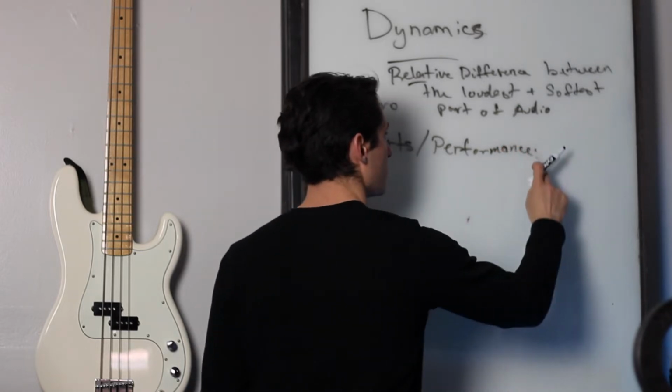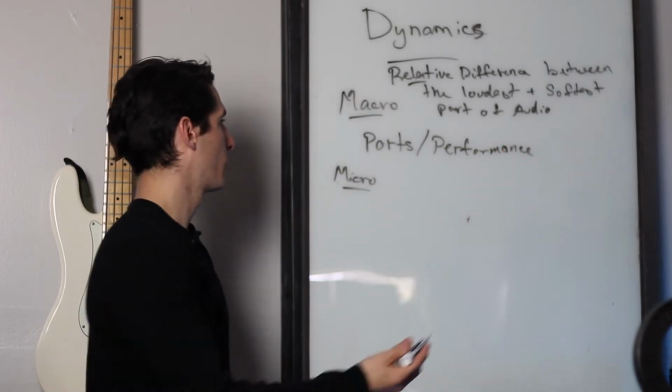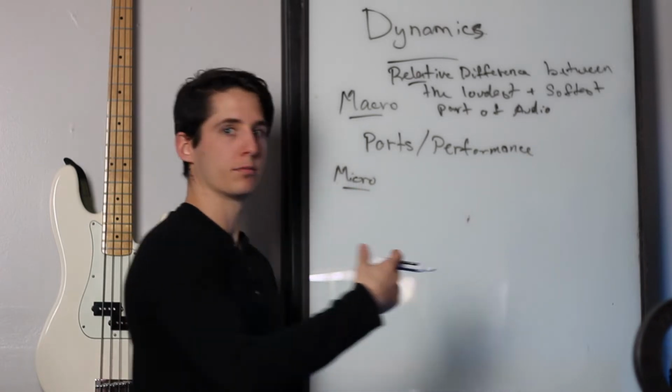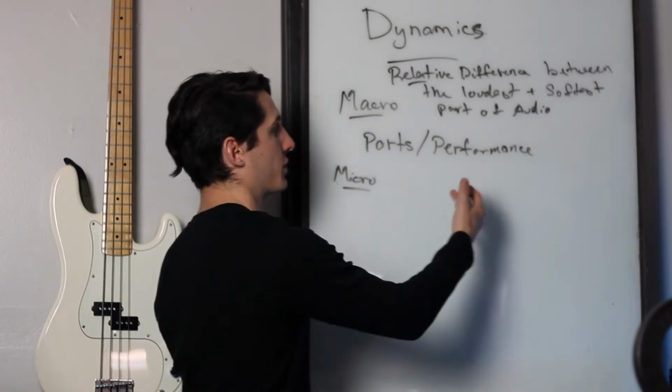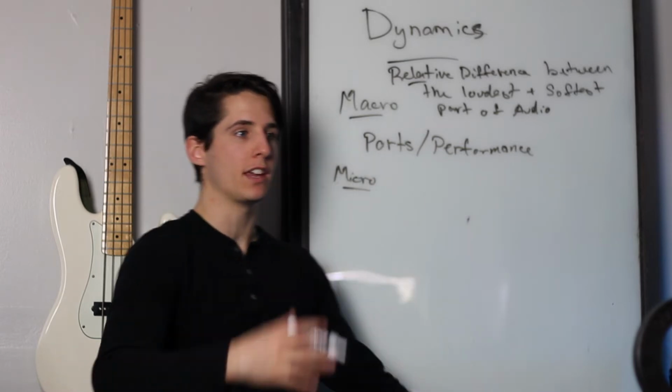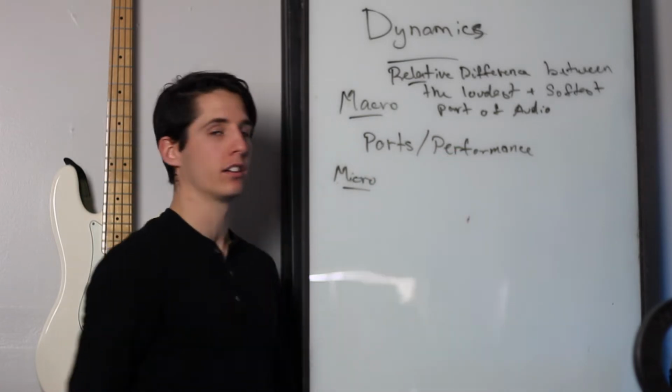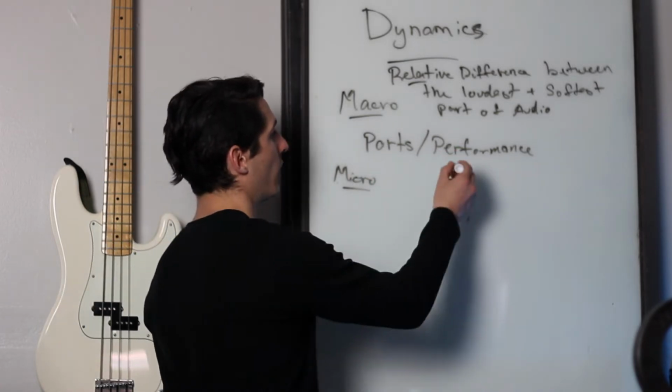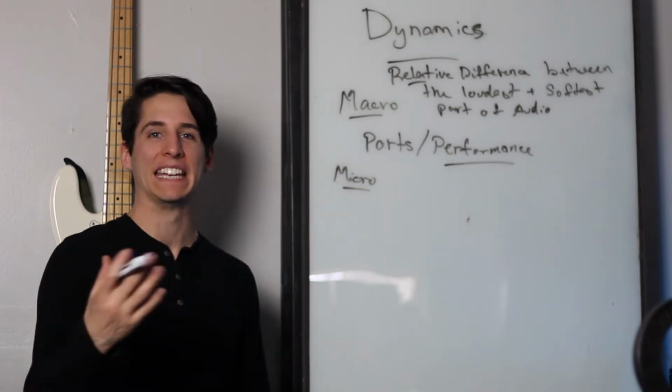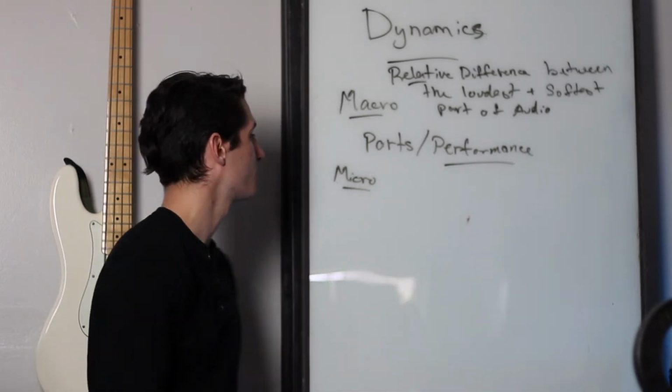Or performance, singular. So, for example, if I have a vocal part that has a verse and a chorus, the chorus might be way louder than the verse. So therefore, the performance has lots of macrodynamics.